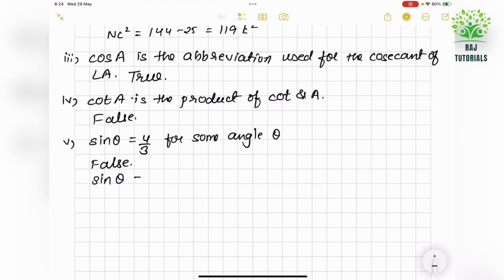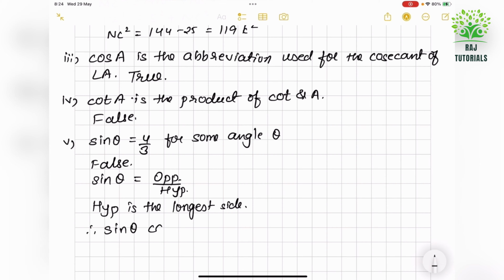See, sine theta will be opposite upon hypotenuse, and hypotenuse is the longest side of the triangle. So, therefore, sine theta can't be greater than 1.